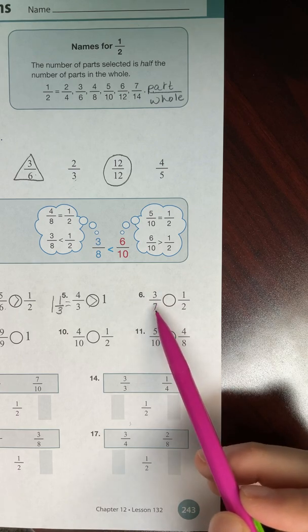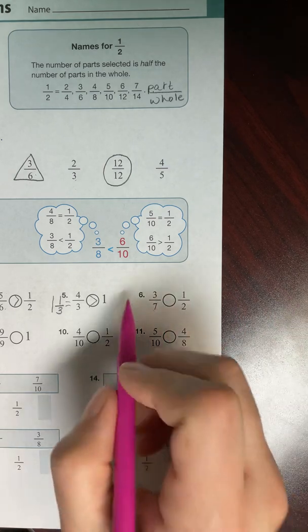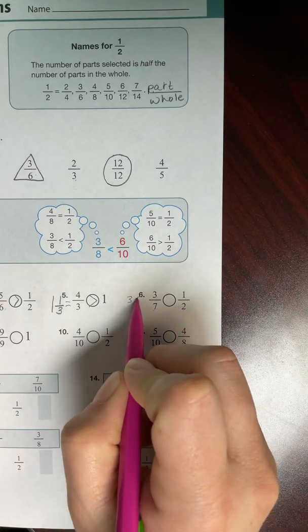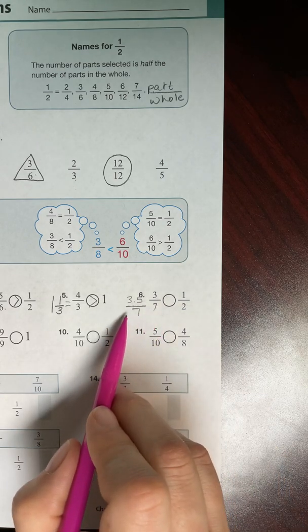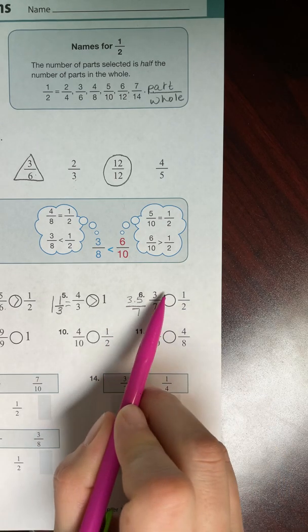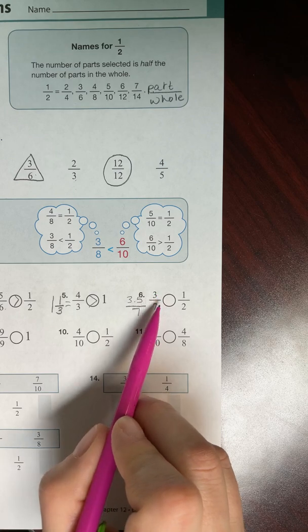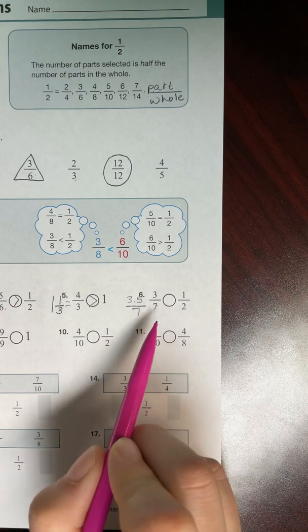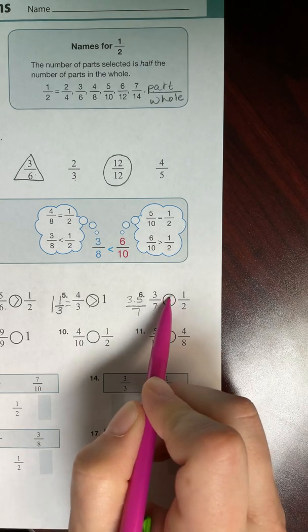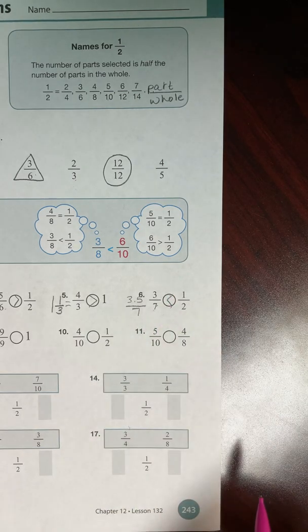If I divide 7 in half, I actually get 3.5. Now, I couldn't write my fraction like this, but just to show you that 3 is going to be less than 1/2 for 3/7. So half would be bigger.